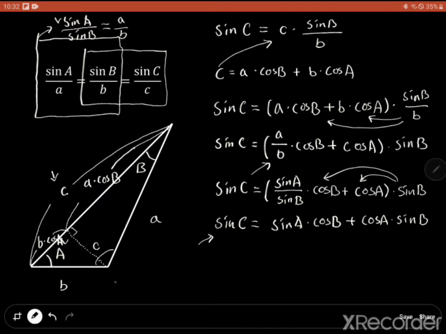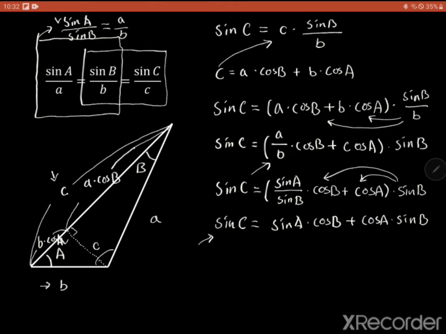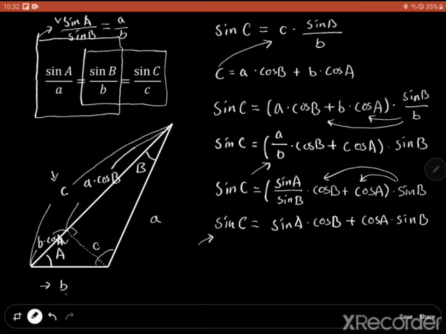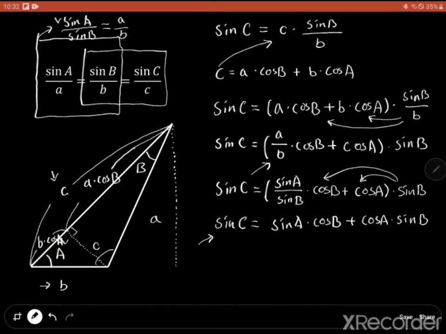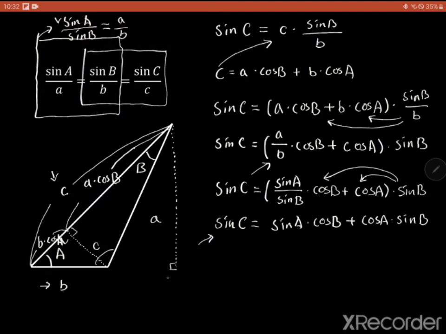Let's look at the figure and find the height of this figure with b as the base. So let's consider b as the base of the triangle, and then let's make the height. The height will be the length of this one, because here is 90 degrees.